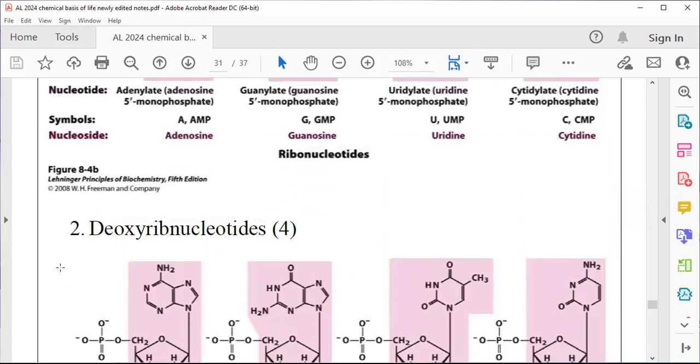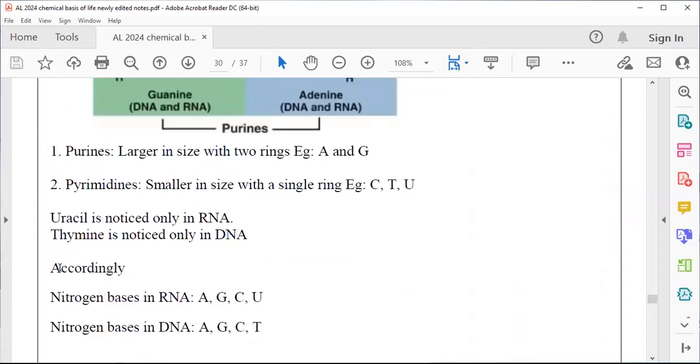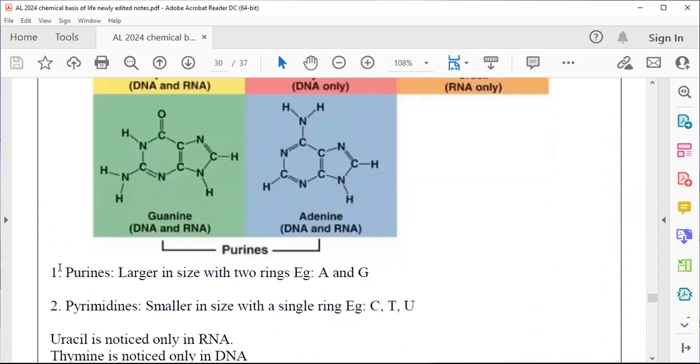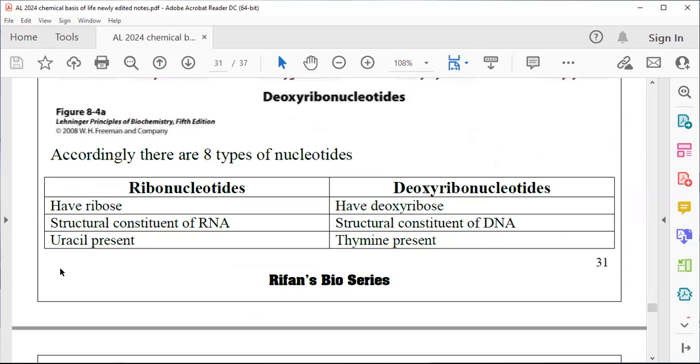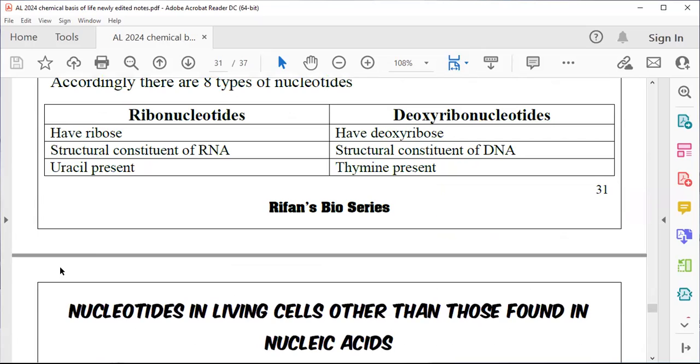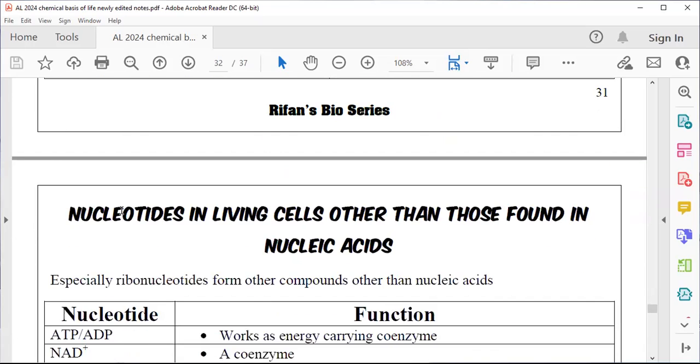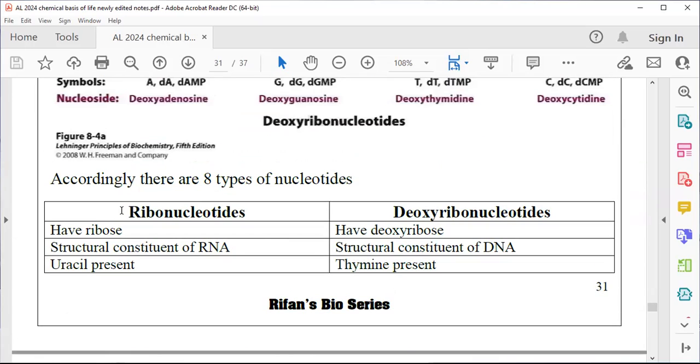Remember, now we are going into ribonucleotide and deoxyribonucleotide. Ribonucleotide means what is the sugar there? Ribose sugar.